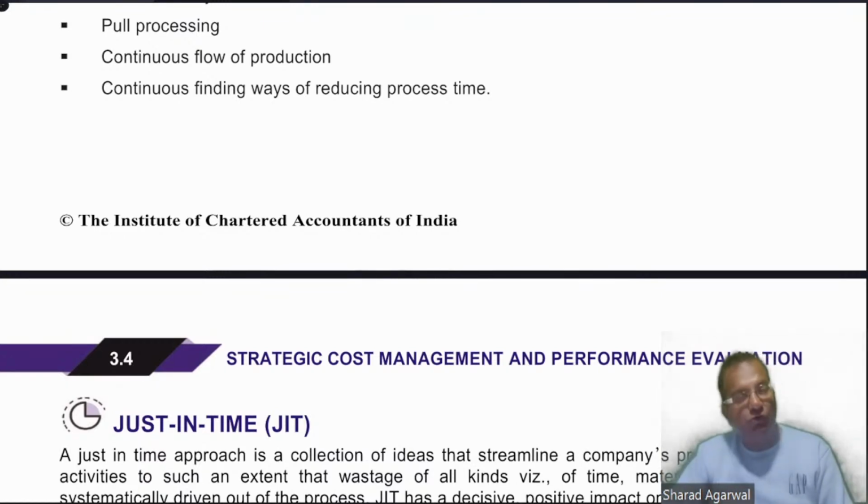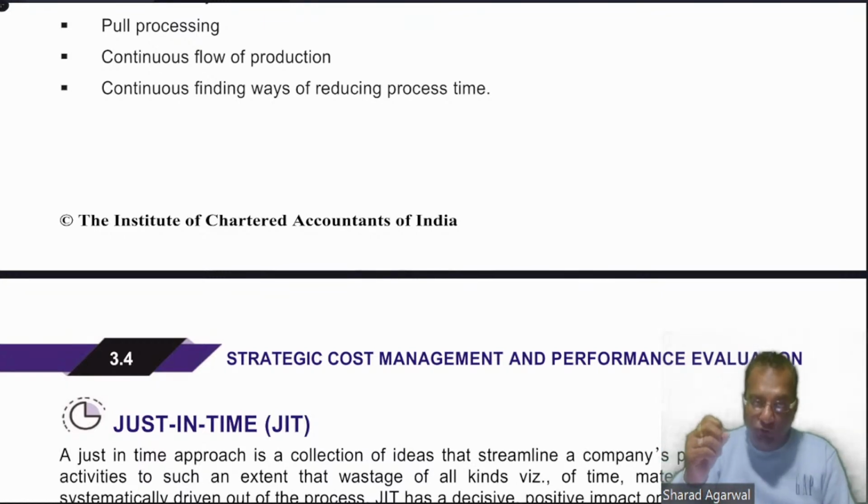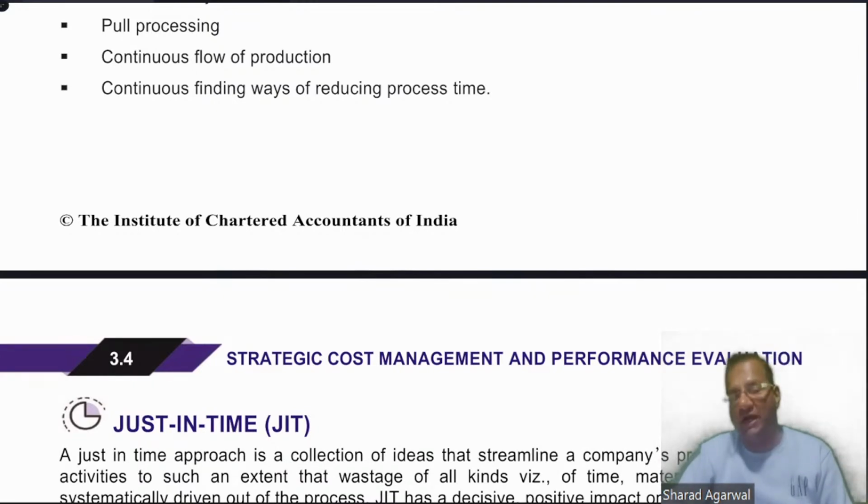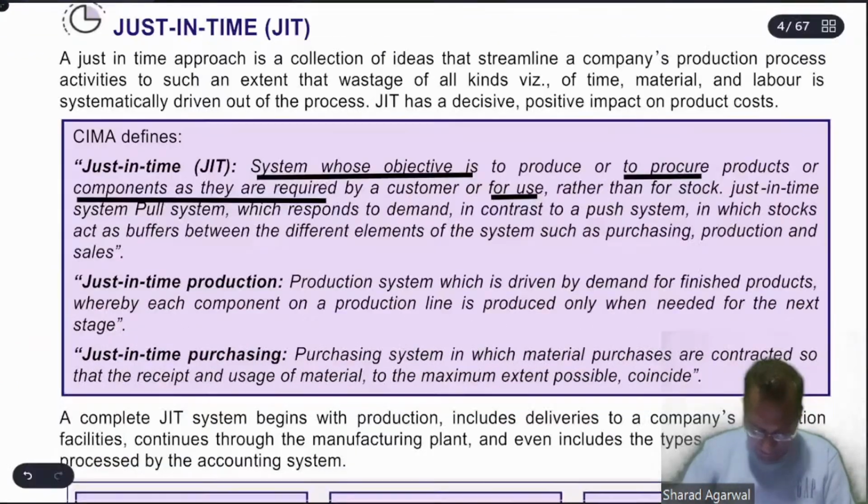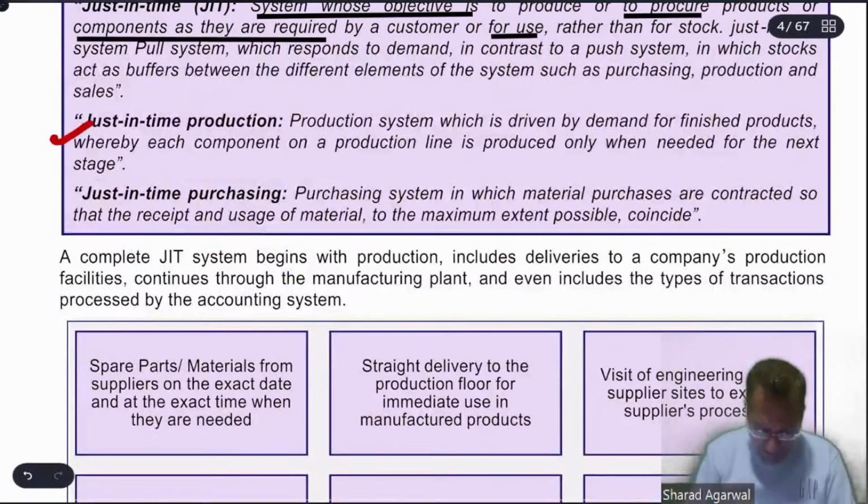In contrast to a push system where there are always some stock between different elements such as production, purchasing and sales. क्लियर है बेटा? यही चीज आपको यहां पे बताई गई है, जीआईटी प्रोडक्शन एंड जीआईटी परचेसिंग.